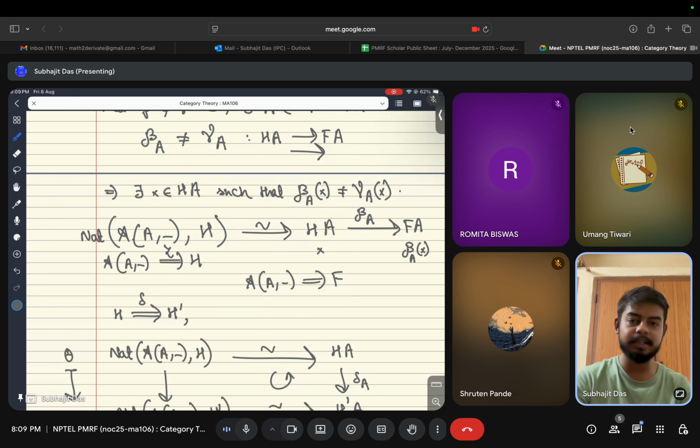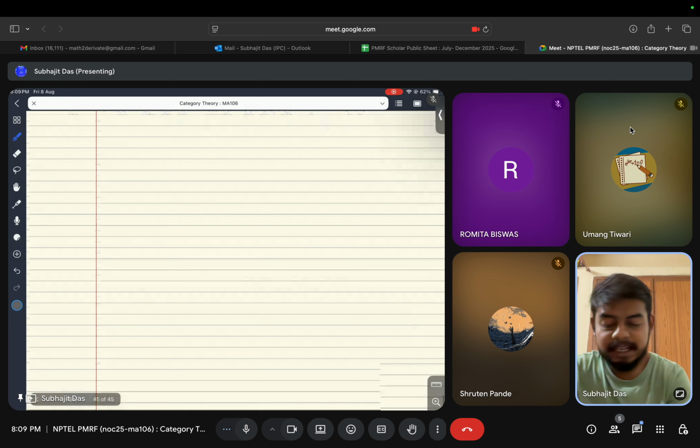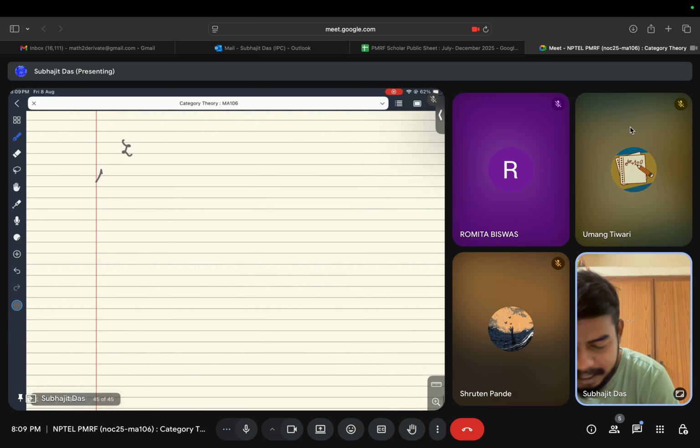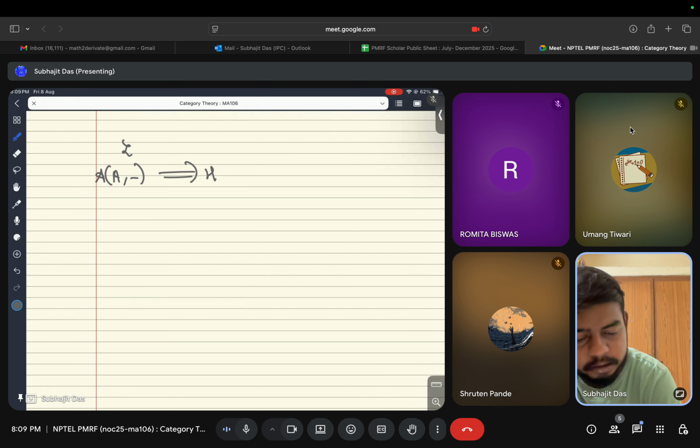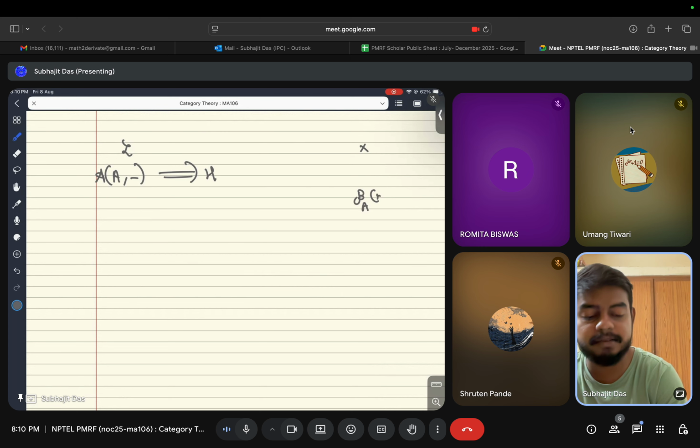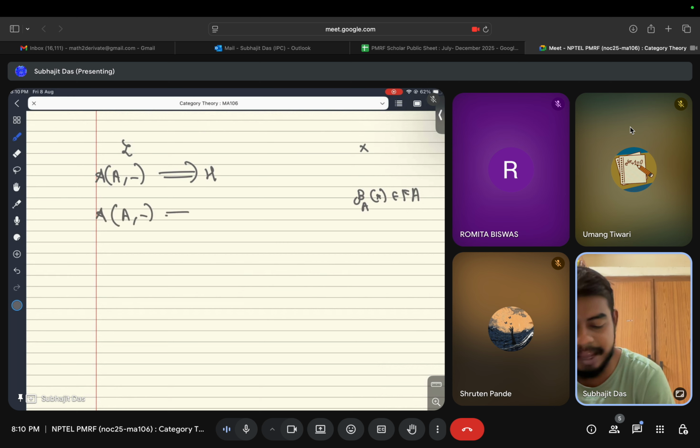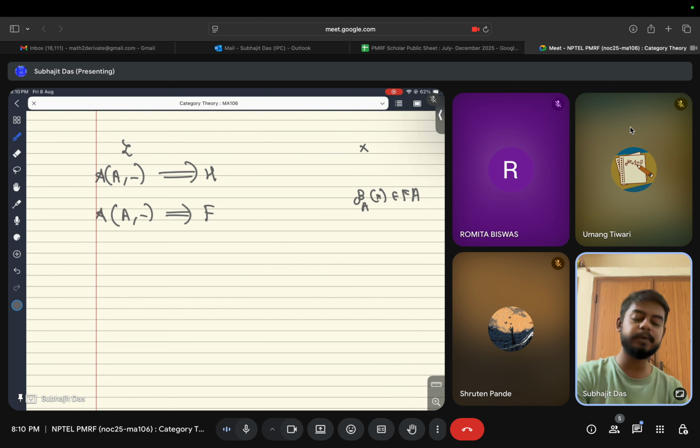So I'll tell you the picture again. Zeta from A, bar to H corresponds to the element x in HA. Now you take the element beta A of x, which is an element in FA. So by the Yoneda lemma again, this should correspond to a natural transformation from this to F. My question is, what natural transformation should it correspond to?